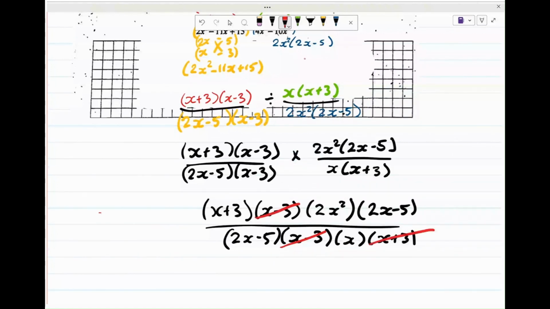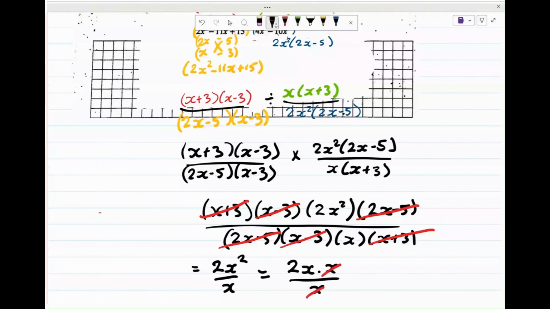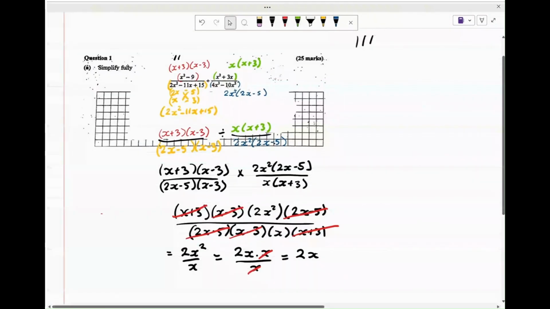We have an x minus 3 and an x minus 3. That can go. We have a 2x minus 5, a 2x minus 5. That can go. And what we're left with is 2x squared over x, which is the same as 2x times x over x. And we can do the same trick. The x just goes with the x. And our final answer is 2x. So that's your final answer.